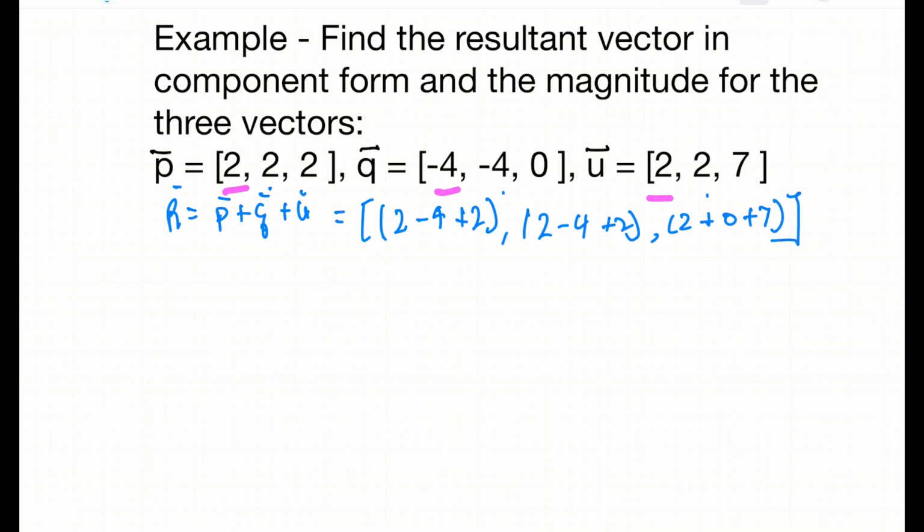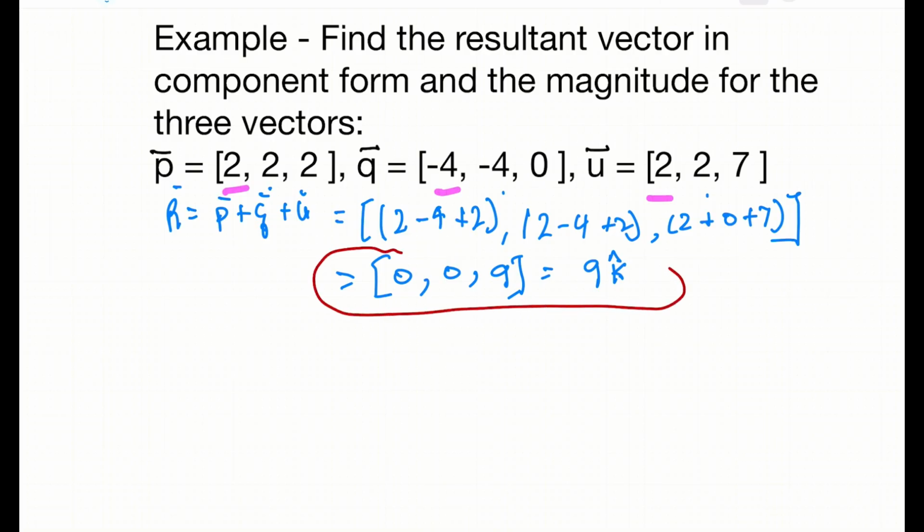And so let's do the math on that. 2 minus 4 is minus 2 plus 2, so that is a 0. And then the same thing here. We've got 2 minus 4 is minus 2 plus 2. That's a 0. And then 2 plus 7 is equal to a 9. So that is going to be written as just 9k. So there's our resultant vector written in both notations.